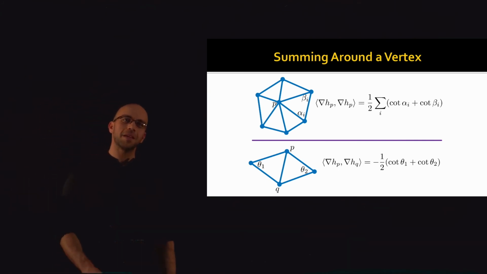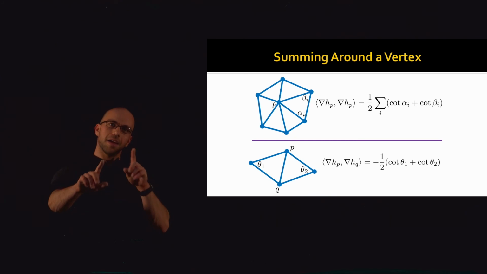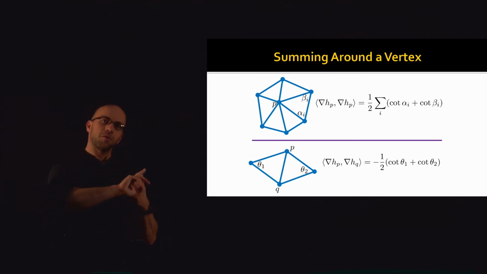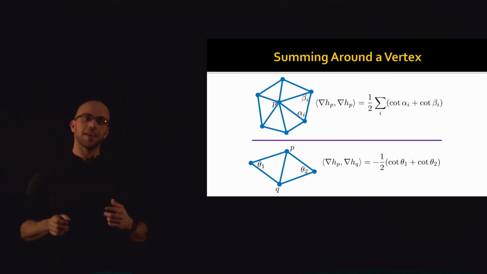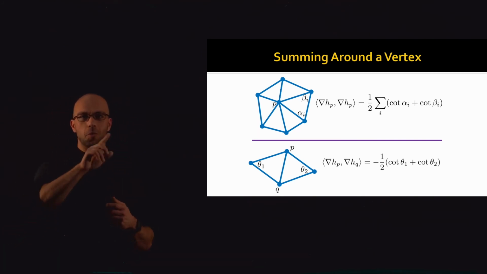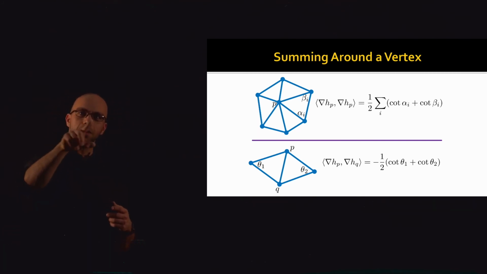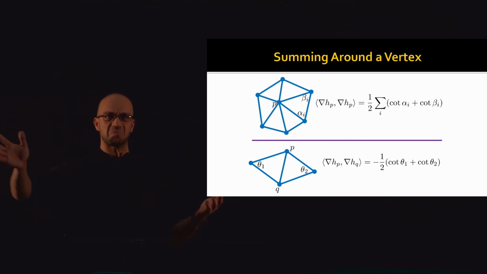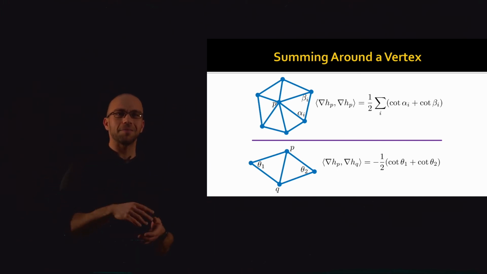So what does that mean? That means if I have a vertex P on my mesh, well, then if I take the gradient of the hat function, I'm going to get one vector in every triangle in its one ring. Notice that the gradient is 0 in the farther rings out because the function is just constantly 0 out there.